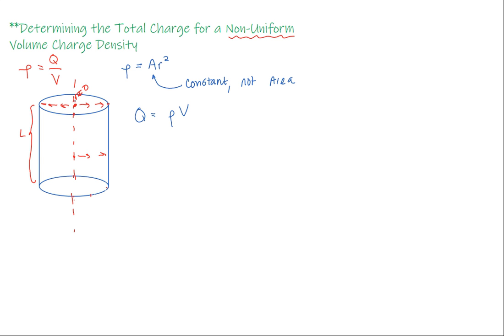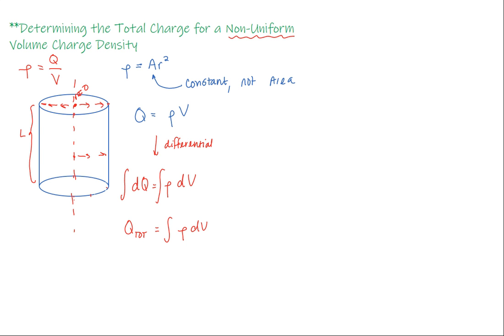In order to calculate the total charge with a non-uniform charge density, we need to write a differential form of this equation. So the differential form means that this becomes dq and this becomes rho dV. The idea is if I can do the integral, or sum up all the little pieces of q, I will get q total, and on this side I'll sum up all of the products rho dV for tiny, tiny little volume pieces.